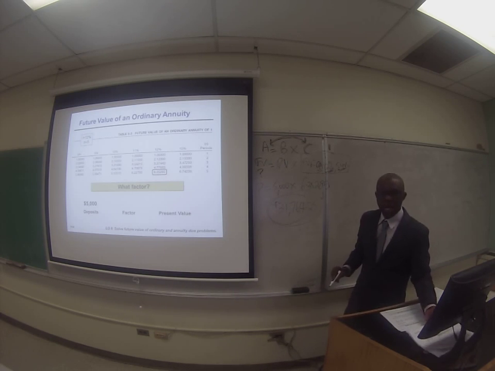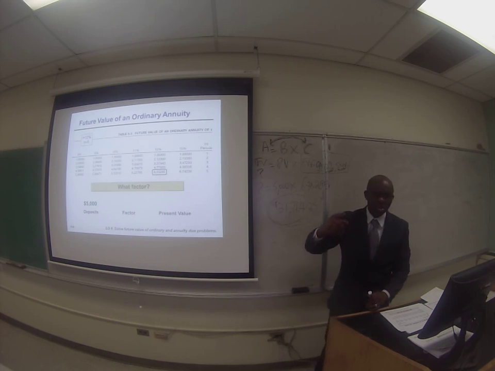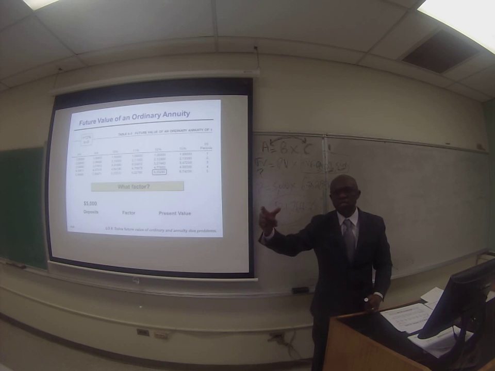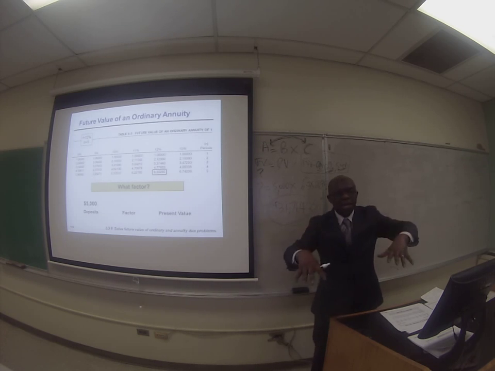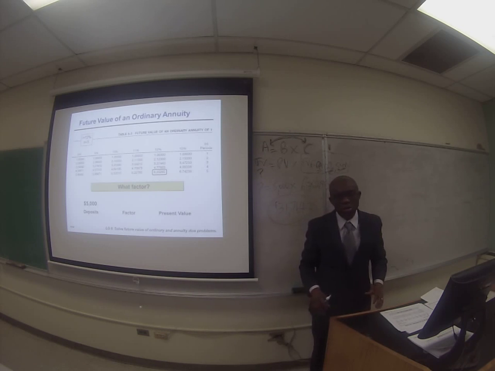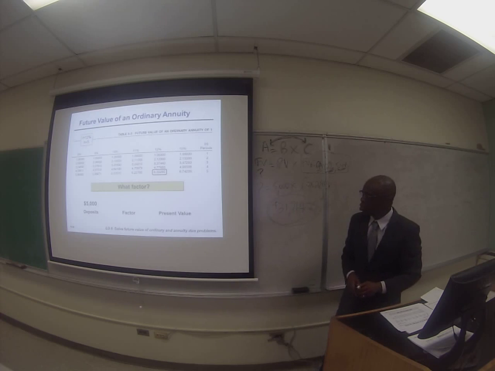So recall now, I said the question is, what is the future value of $5,000 deposited at the end of every year for the next 5 years? Somebody on the street will say 5,000 multiplied by 5, that will give you $25,000. But here in the College of Business, your answer will be completely different, because you understand the time value of money, and you understand that the compounding of interest has to come into play.